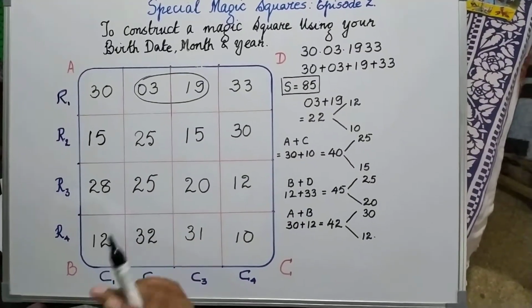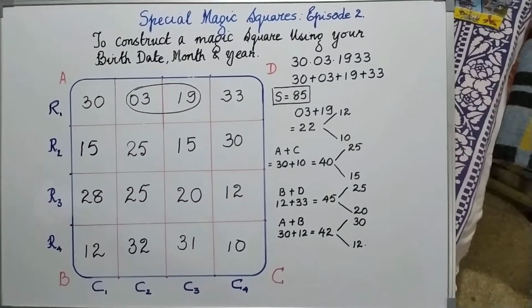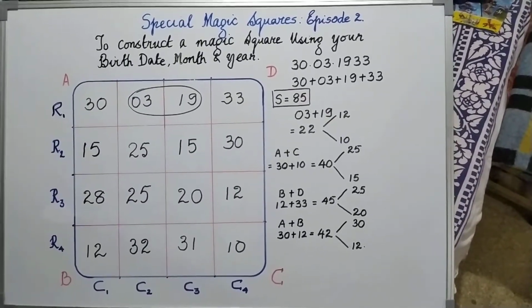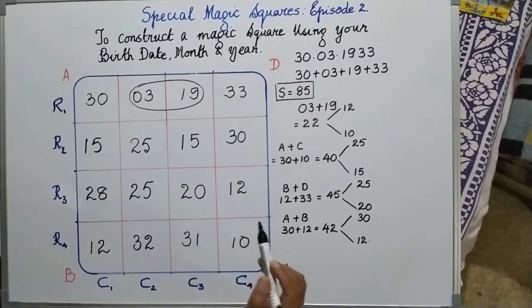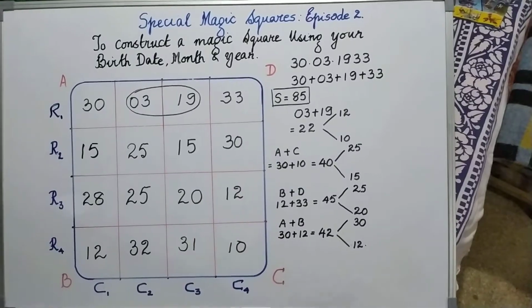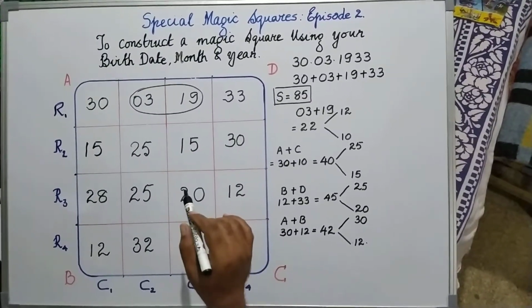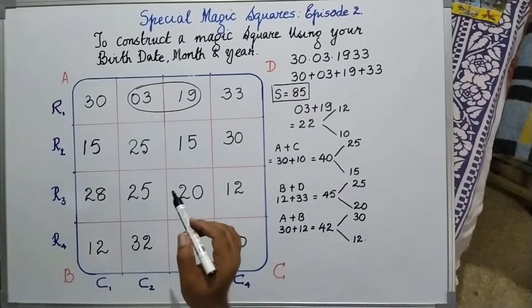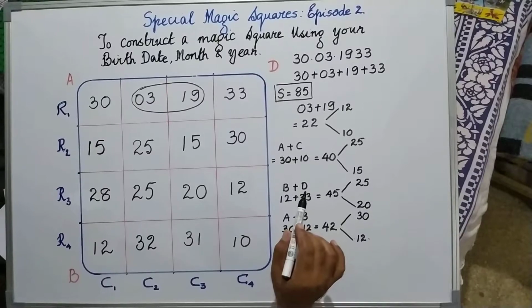And of course, all of you are special, and your parents are special to you, your brothers and sisters are special to you, your teachers are special to you. So you can use their birth dates and try to create magic squares.